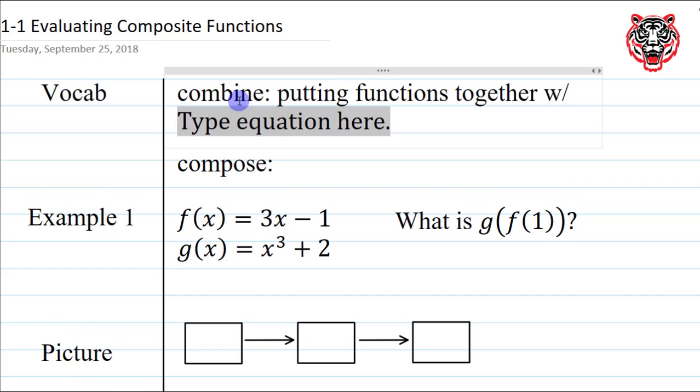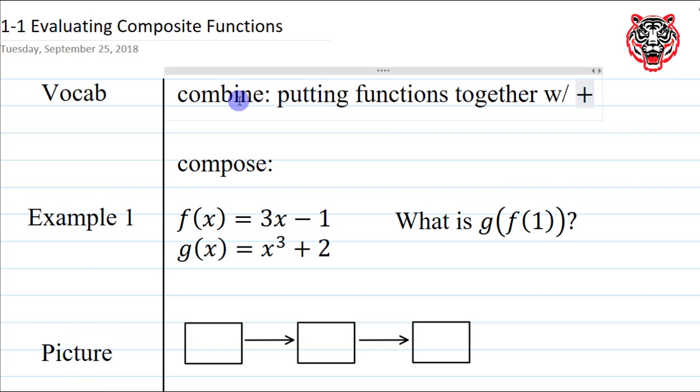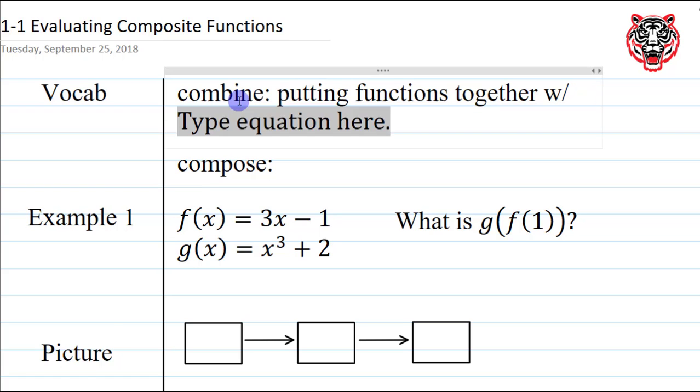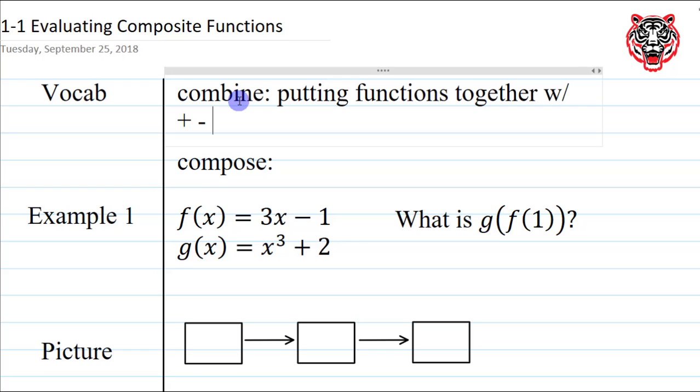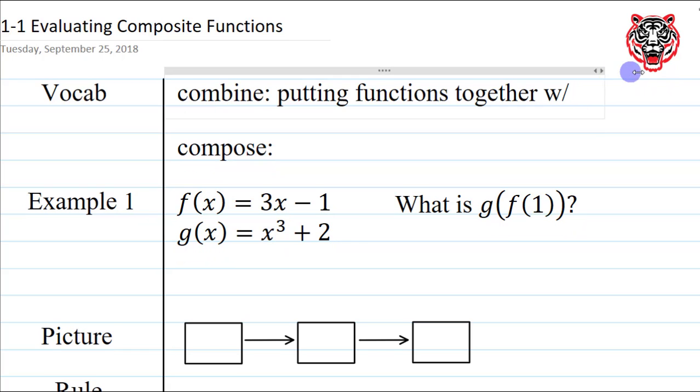You can have plus, minus, multiply, and divide. So with those four symbols, that's what it means to combine.